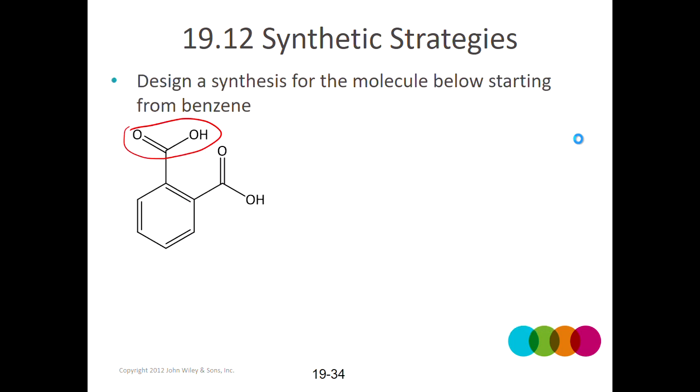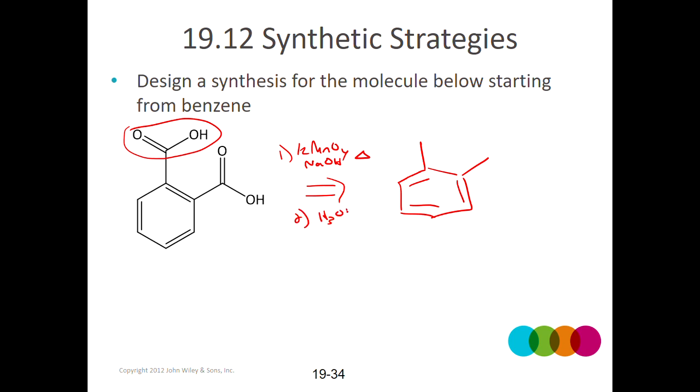So the idea here would be working backwards, retrosynthetically. If I start with this xylene, ortho-xylene structure, or 1,2-dimethylbenzene, that could be converted into the product using potassium permanganate and some heat, followed by H3O+, which is just necessary to get those protons on there at the end.